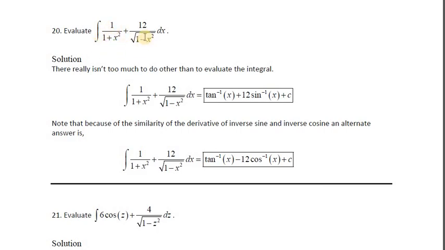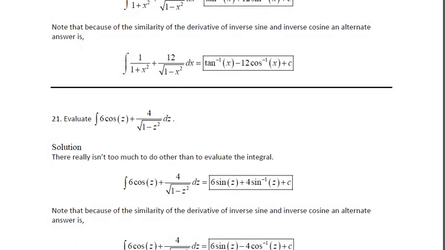And again integration of 1 by root over 1 minus x square, it is the formula for sin inverse x, 12 constant, so it remains as it is, so 12 remains as it is. So integration of 1 by root over 1 minus x square, it's a straight formula for sin inverse x, so the result is tan inverse x plus 12 into sin inverse x. So direct example based on the formula.